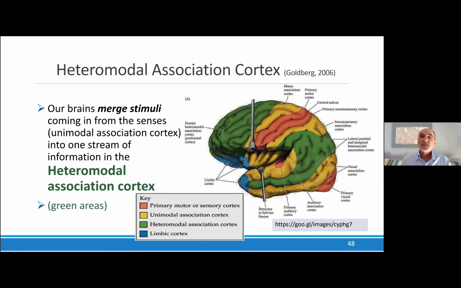Once the information gets processed in your brain, it loses any kind of modality tag at the heteromodal association cortex. So when someone says to you, oh, this child is good in visual, spatial, they probably mean simultaneous processing.